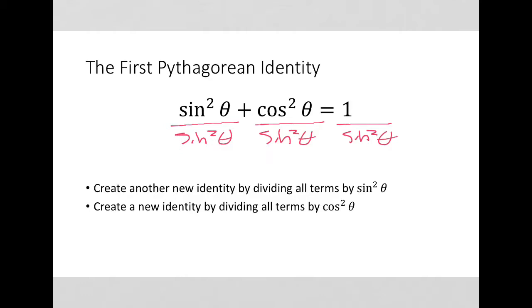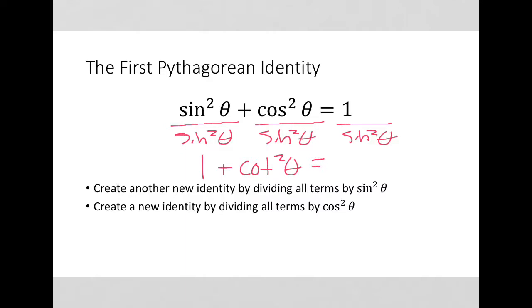What do we have on the left? Well, sine squared theta over sine squared theta is 1 plus, what's cosine squared theta over sine squared theta? Well, what is cosine over sine? We know that tangent is sine over cosine, so cosine over sine has to be cotangent, and it is squared. Well, what is 1 over sine squared theta?